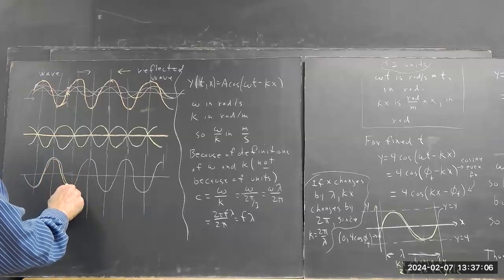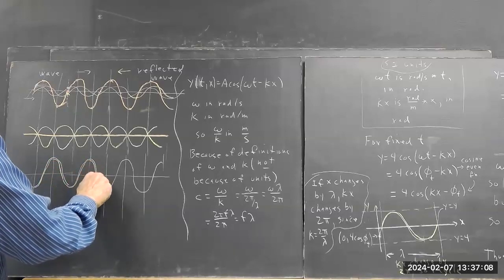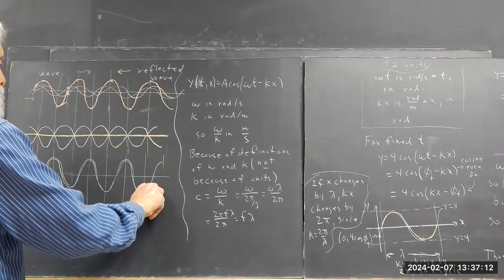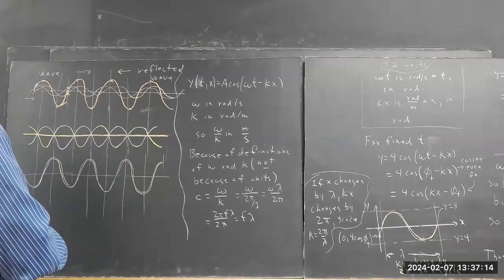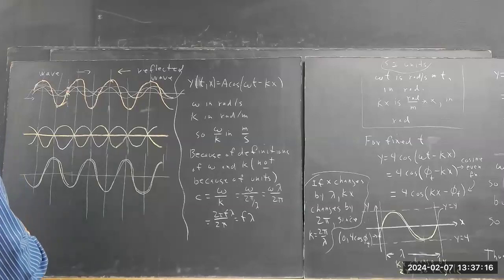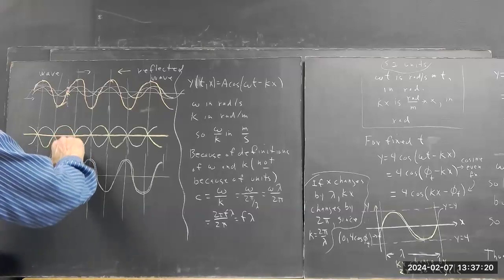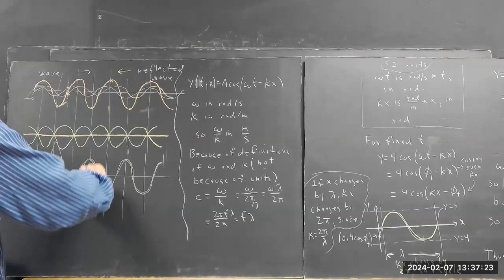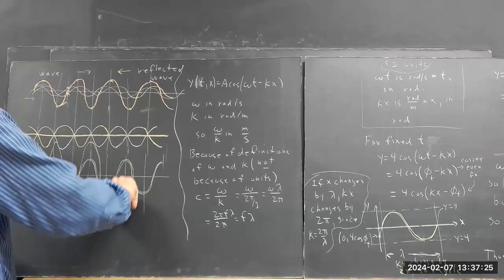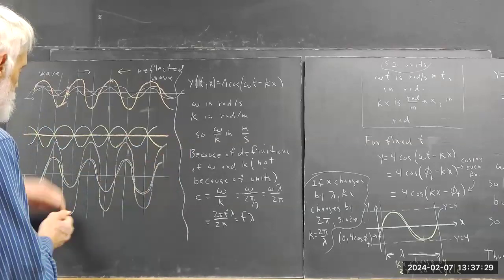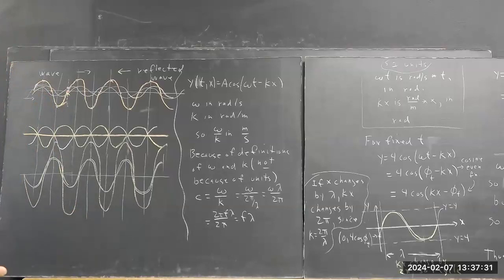If we move the green graph that quarter wavelength to the left, the graphs line up. And again, we end up with the extreme version of this, okay?